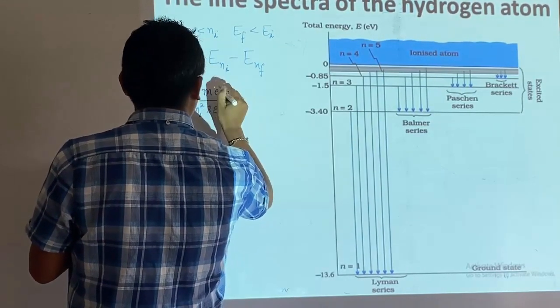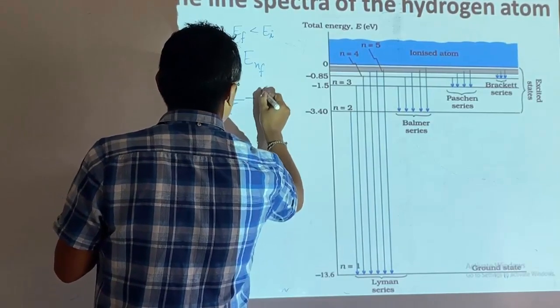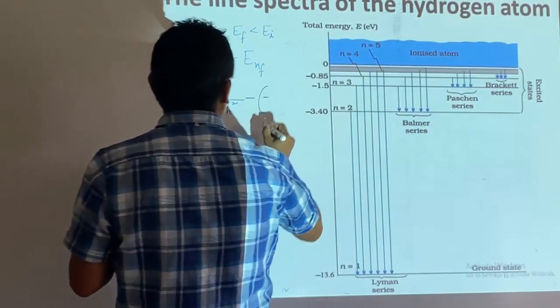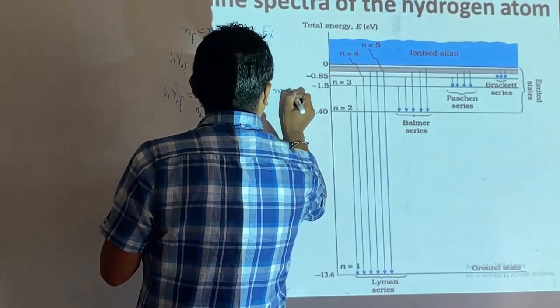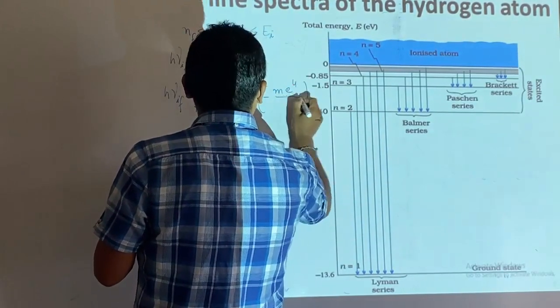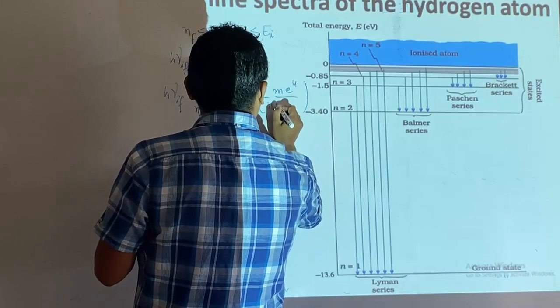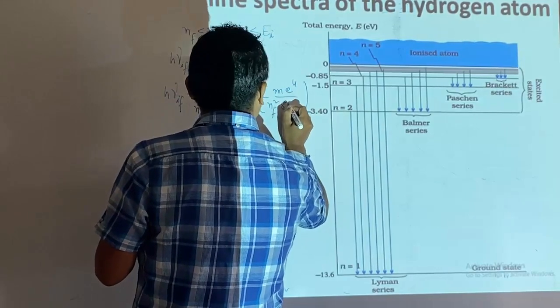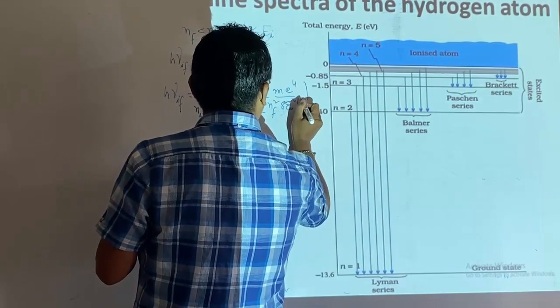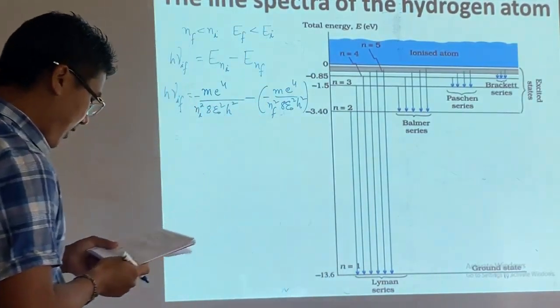This value is 4, I'm sorry. And minus m e to the fourth divided by n_f squared, 8 epsilon naught squared h squared. This is what we have.